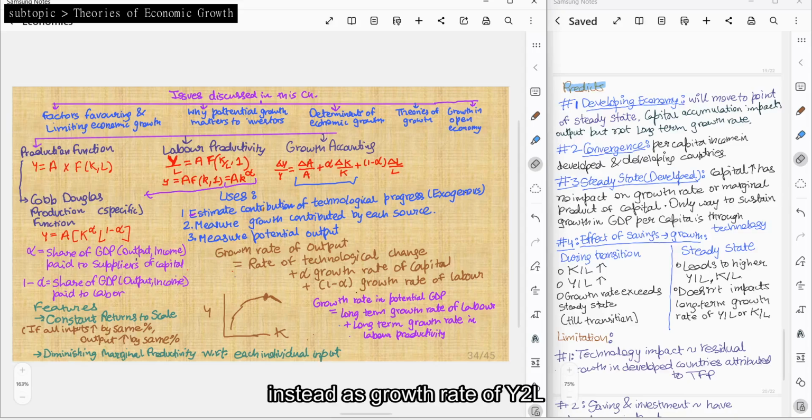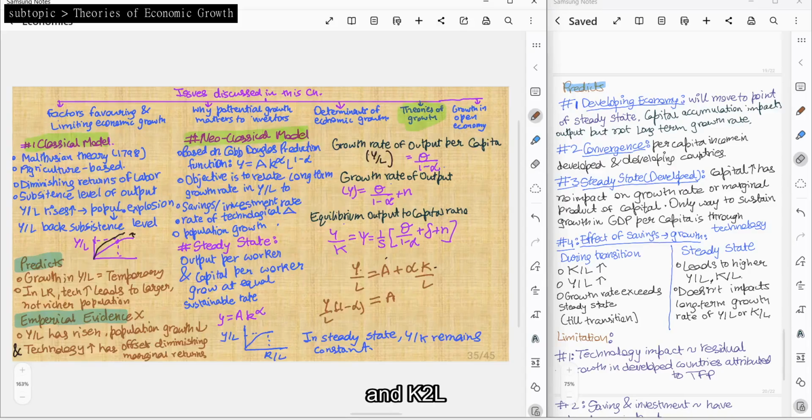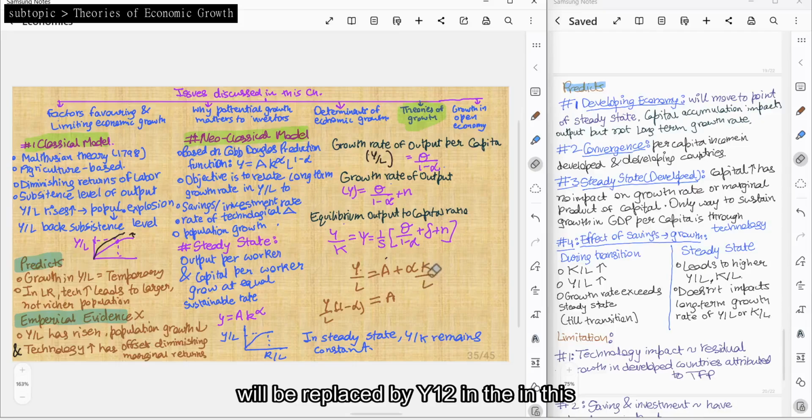So in steady state, as the growth rate of Y/L and K/L is the same, we could mention this as one only. So K/L will be replaced by Y/L in this equation, and we could take Y/L common, and then the value which we get of Y/L will be this.